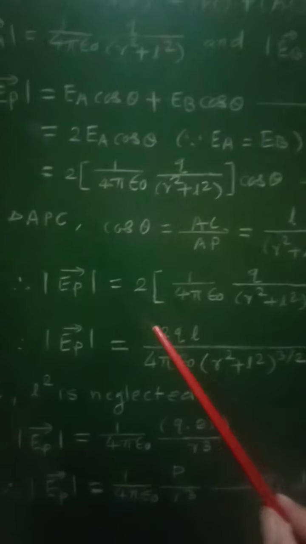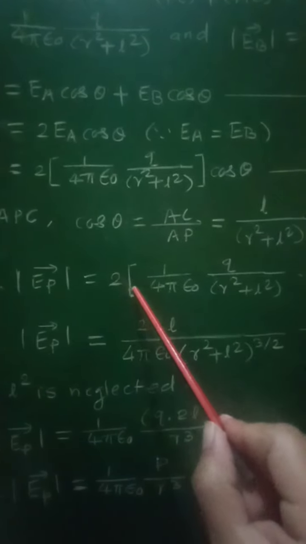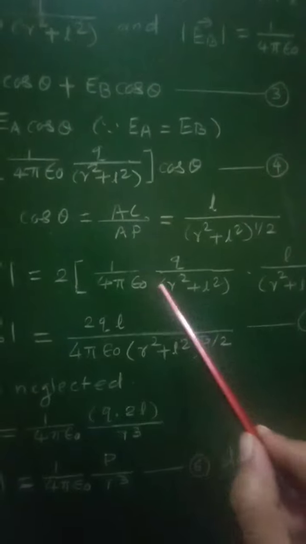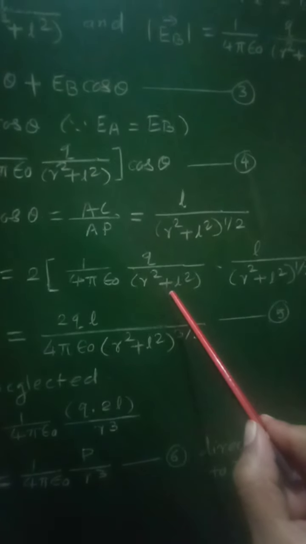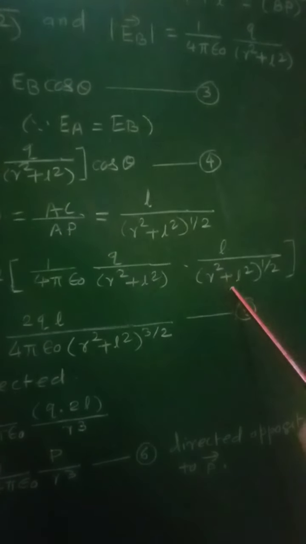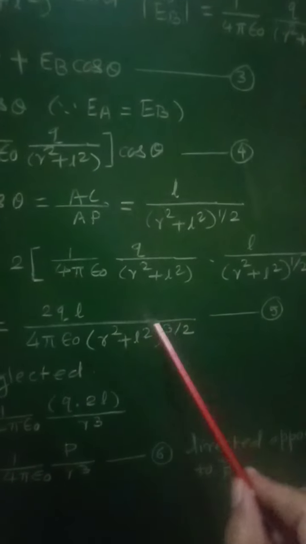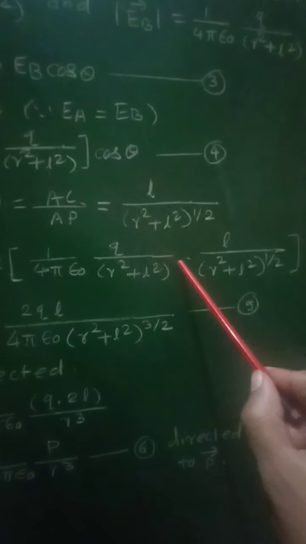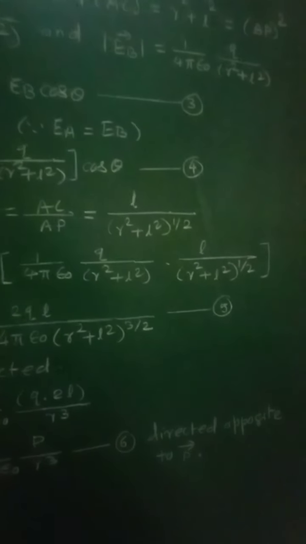Now we will get the magnitude of EP equal to 2qL upon 4 pi epsilon 0 into R square plus L square raised to 1, and into R square plus L square raised to half. By the laws of indices we will get it as R square plus L square raised to 3 by 2, because 1 plus half equals 3 by 2, equation number 5.